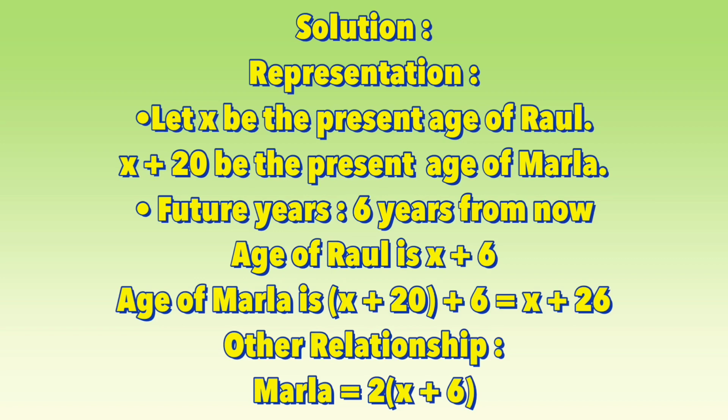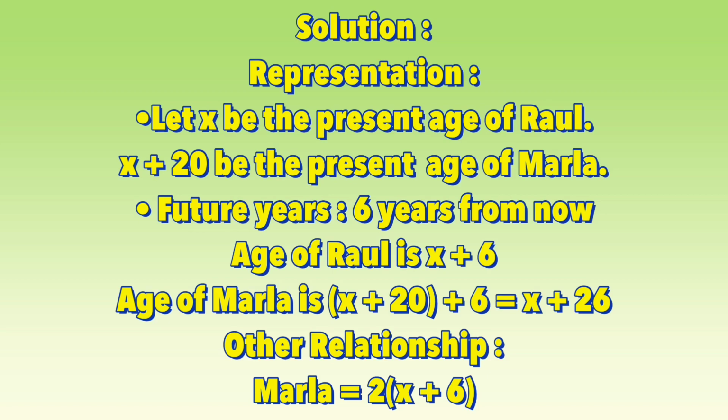The age of Raul is x plus 6 because we're going to add 6 years to the present age of Raul. Age of Marla is x plus 20 plus 6, equals x plus 26. So we're going to simplify, which is equivalent to x plus 26, the age of Marla in the future years.